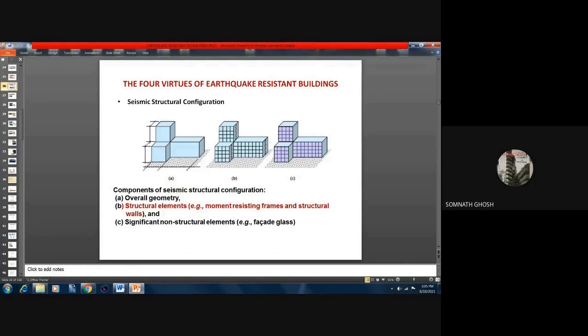These are important things. These aspects should be discussed before you finalize, or even start designing, the building. These are very, very important.